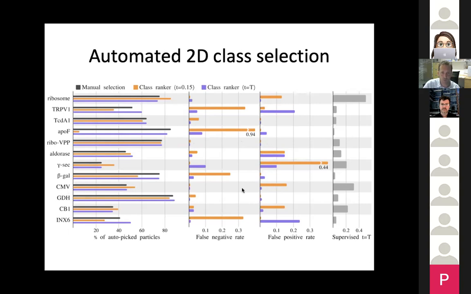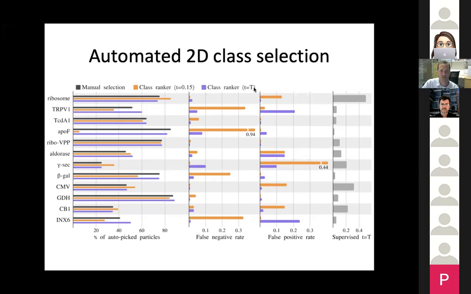So there's a false positive rate, but there's hardly any false negative, etc. But as you can see, for several data sets, there's quite large false negative and false positive rates. So if you just use the standard default value, then that might not really reflect the quality of your data set.